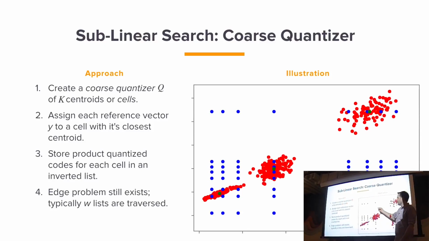But I can run product quantization to store the reference vectors closest to each centroid. Then when I get a query, I ask which centroid it's closest to, and I only look at those vectors. That's where the sublinearity comes in. So it's n divided by big K, where big K is my coarse quantizer. Simple approach, not that bad. We still have a lot of empty dots here. This is a foreshadow of the future.